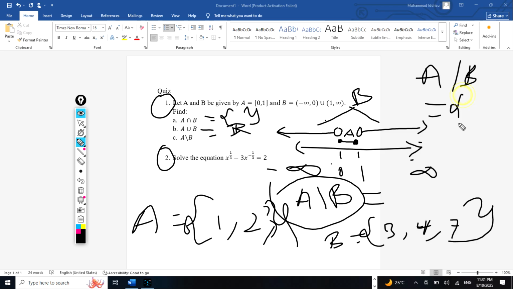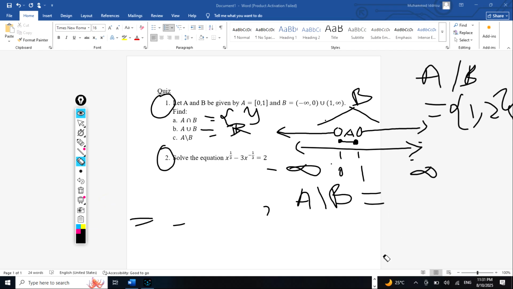So the set A is 1 2 3, but this time around in B 3 appears, so we only have 1 2 as the set A and not B. So that's what we're coming to look at here.